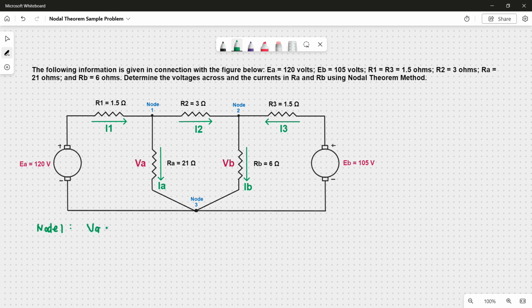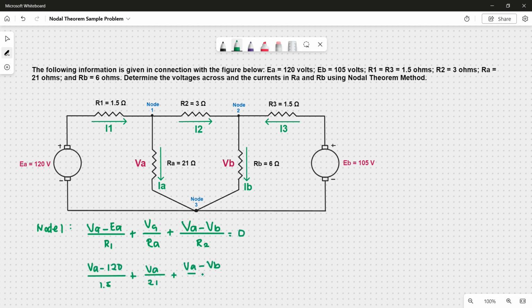So we have VA minus EA over R1, plus, moving on to this line, we simply write VA over RA. And lastly, for this part we write again the potential difference for this resistor, VA minus VB, and divide it by R2. All set equal to 0.